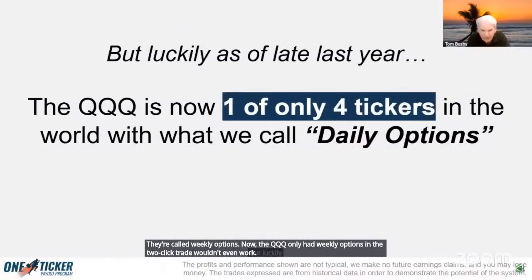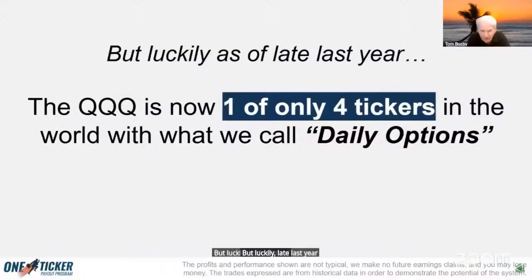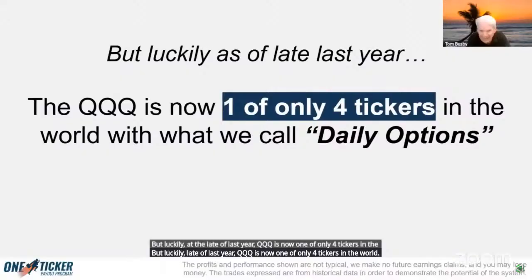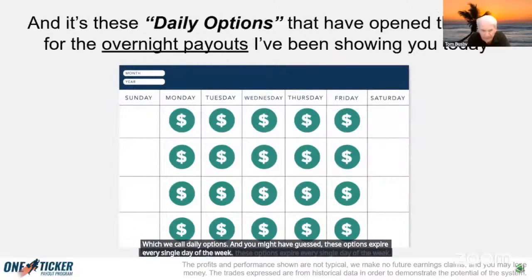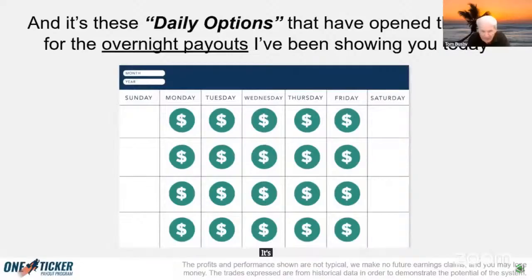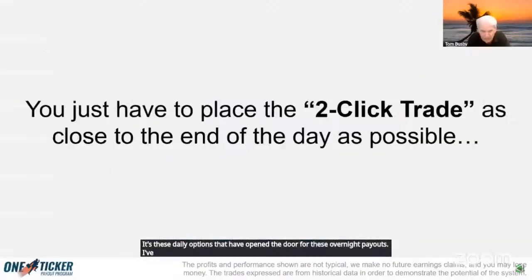But luckily, as late as last year, QQQ is now one of only 4 tickers in the world which we call daily options. And you might have guessed these options expire every single day of the week.